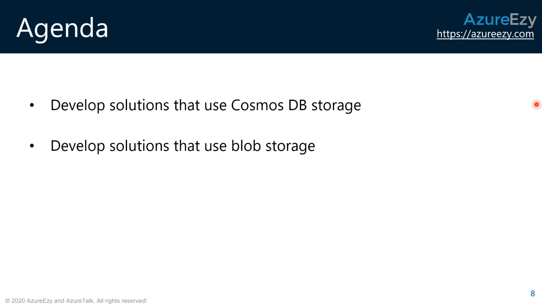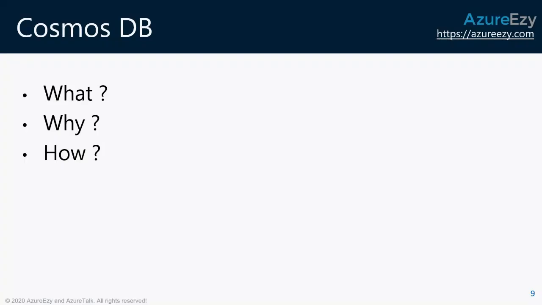As per the agenda, let's start with Cosmos DB. Don't you think it's an interesting name? Well, I do. And let me tell you, not only the name, its entire functionality is very interesting. So let us try to learn Cosmos with a simple trick: what, why, and how.